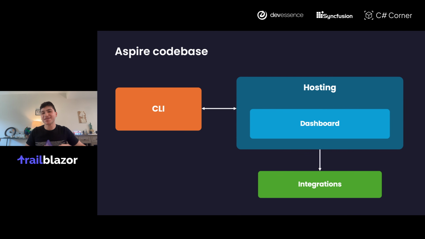And that dashboard lives inside of our hosting packages. It's a sidecar alongside it, and integrations are built on top of this hosting platform. What we get, and you might be able to see it easily, is we have a common set of models. Our resource models, our protocols.